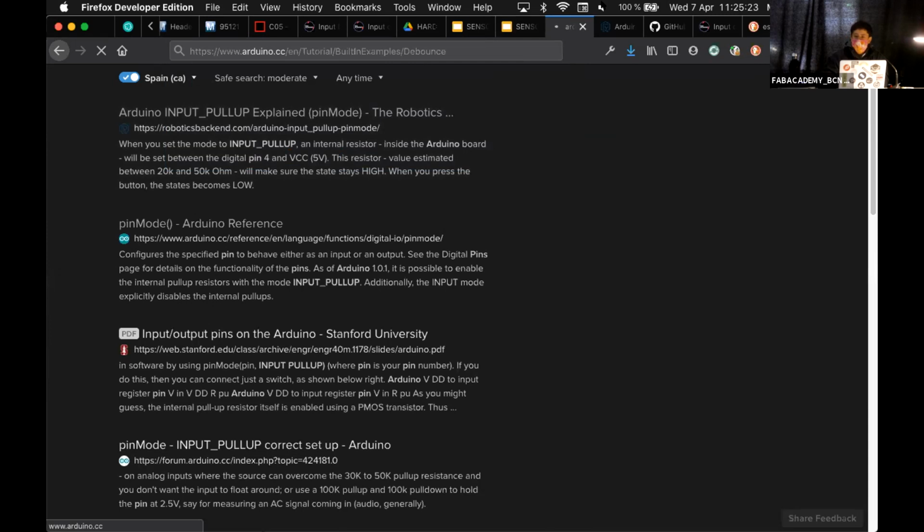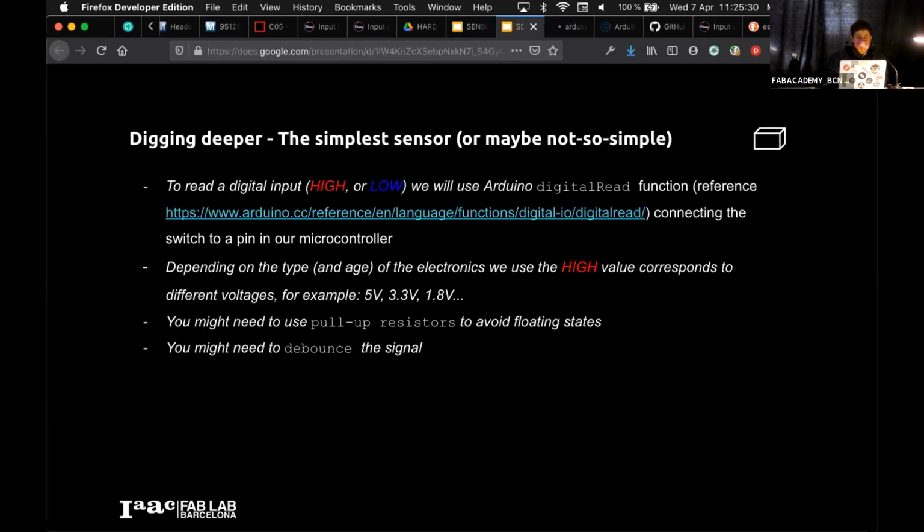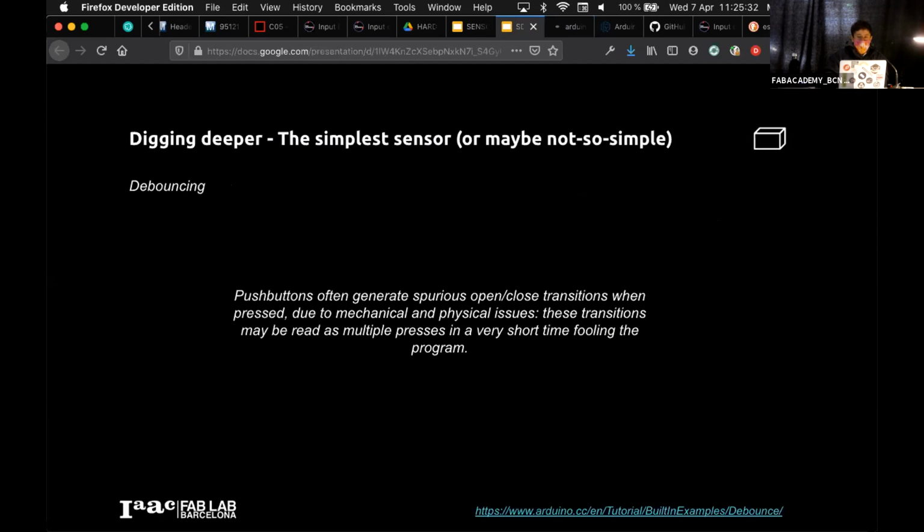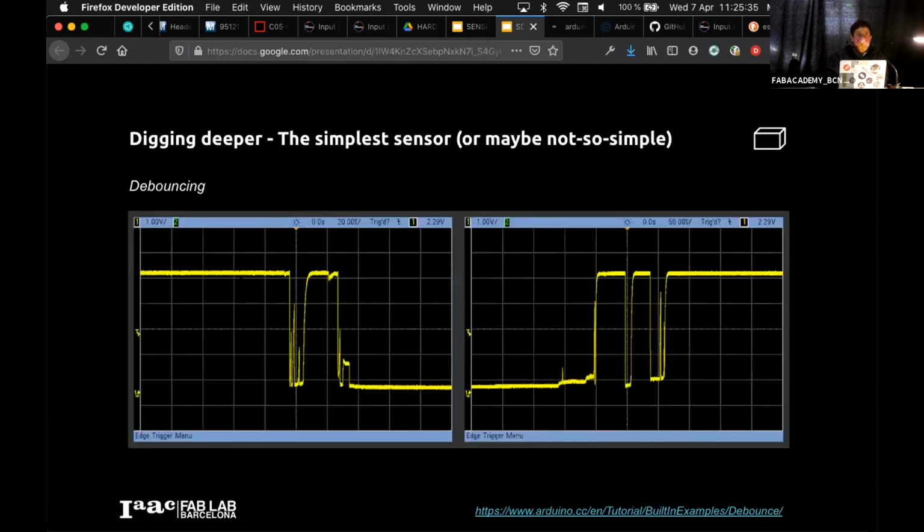If it loads soon. But basically the idea behind this is that when we read an input, when we detect a transition, we don't read for a while.